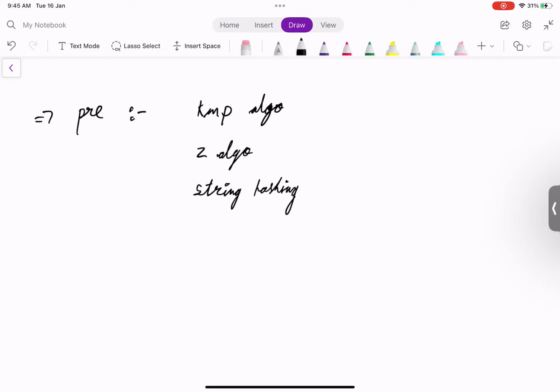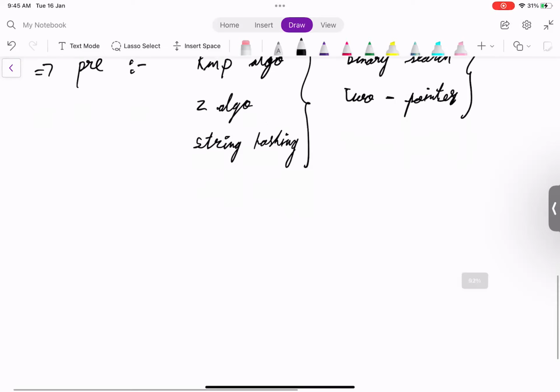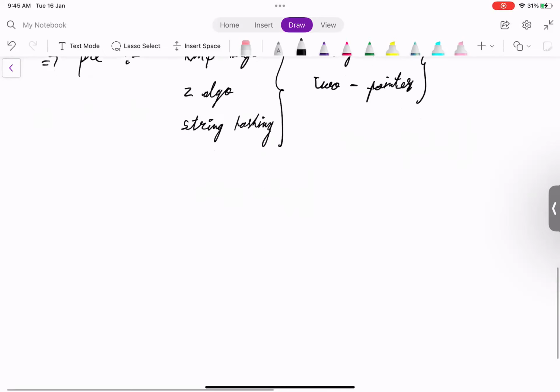If you know any of these, it's sufficient. And you should know binary search and two pointers. We can do it with either binary search or two pointers, so you should know any one of them. So these are the prerequisites.